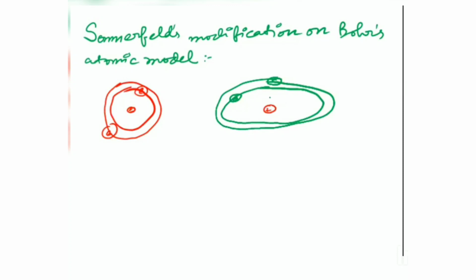Sommerfeld said that in the case of this circle, we can only have one radius, so because of that we can only get n, that is the principal quantum number.